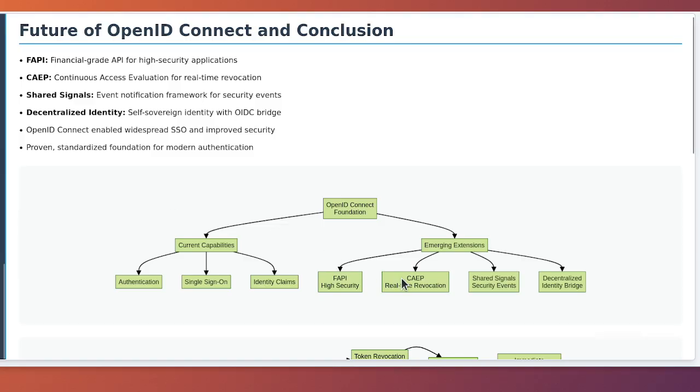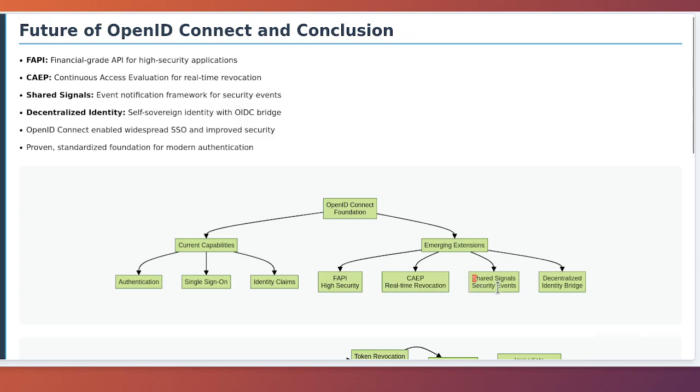CAEP enables identity providers to push security events to relying parties in real time, notifying them when tokens should be revoked. Relying parties can then immediately terminate sessions or revoke access without waiting for tokens to expire naturally. This significantly reduces the window of vulnerability when credentials are compromised or when access rights change.